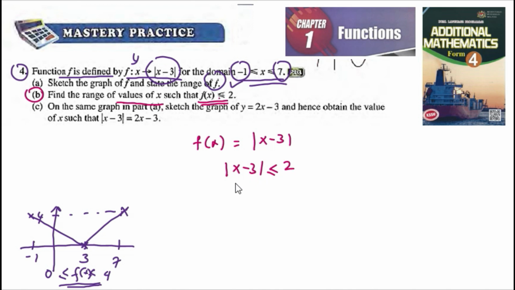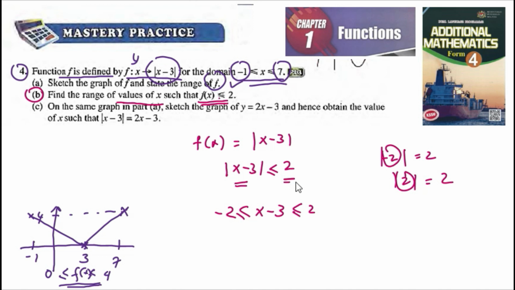We know when we open the modulus, it can be either positive or negative, because negative 2 and 2 both matter. So x − 3 is between 2 and negative 2. So we can do one by one.